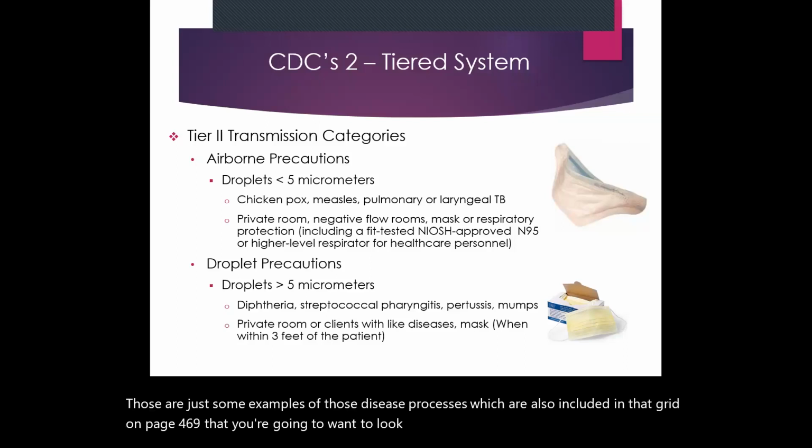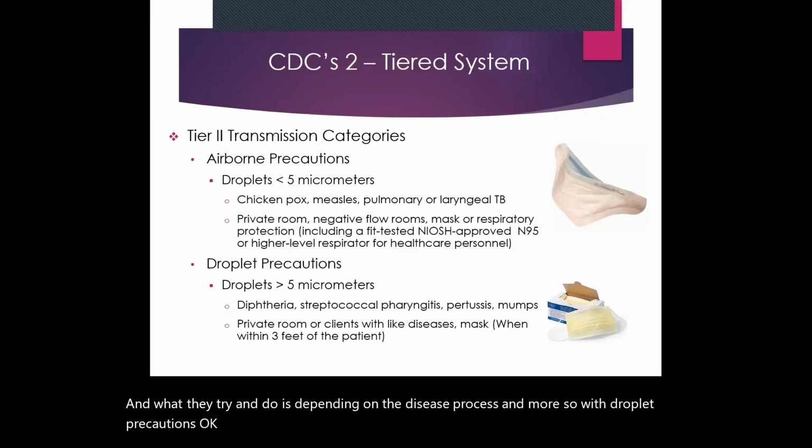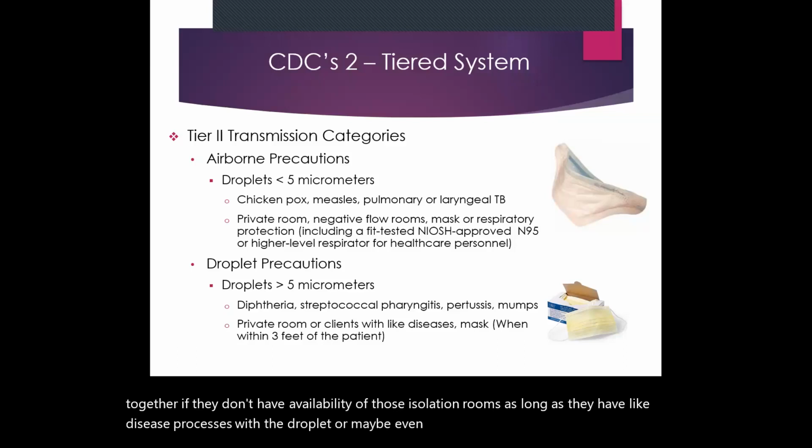And depending on the disease process, and more so with droplet precautions, not airborne, they may try and room those patients together if they don't have availability of isolation rooms, as long as they have similar disease processes with the droplet, or maybe even a contact precaution you'll see.